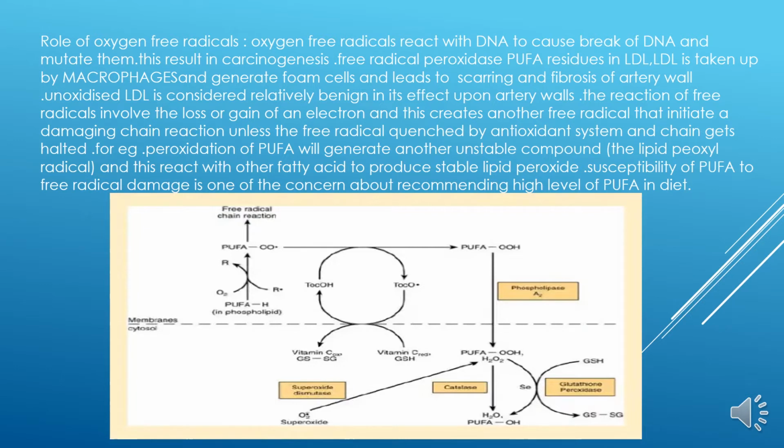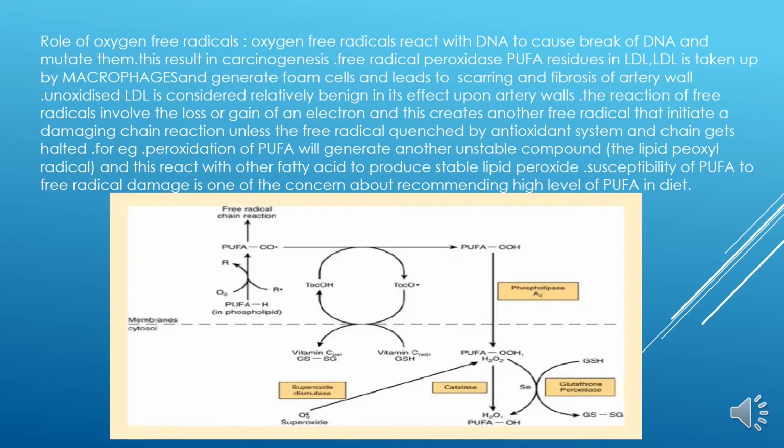Oxidized LDL is taken up by macrophages and generates foam cells, and leads to scarring and fibrosis of the artery wall. Unoxidized LDL is considered relatively benign in its effect upon artery walls. The reaction of free radicals involves the loss or gain of an electron, and this creates another free radical that initiates a damaging chain reaction unless the free radical is quenched by the antioxidant system and the chain is halted.